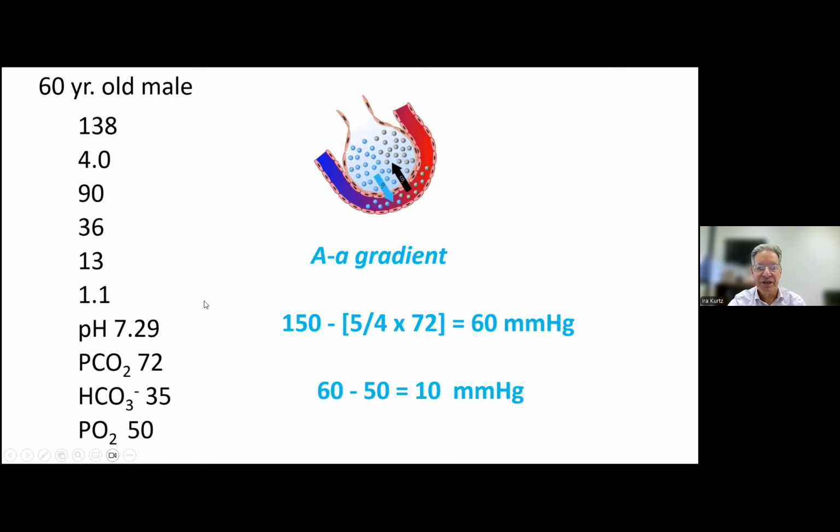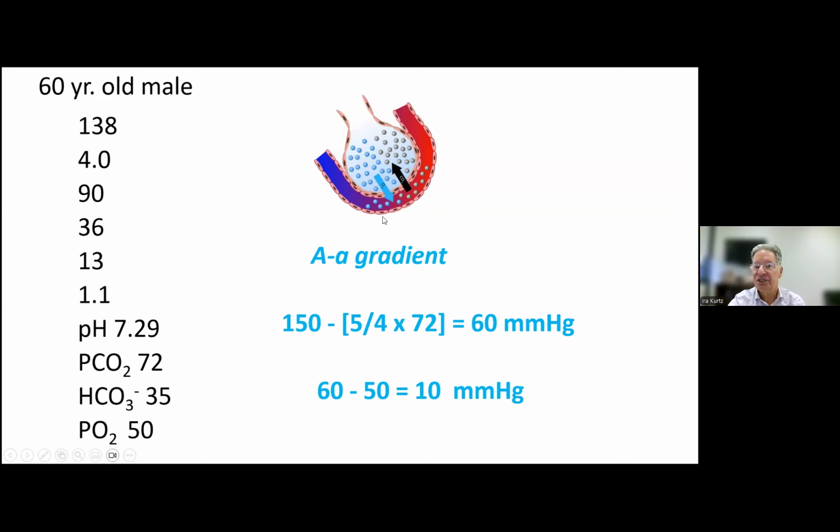The other thing you have to think of when you have a patient with chronic respiratory acidosis is what's the PO2 in the alveoli? Because remember, there's a way of calculating what the PO2 is in the alveoli and comparing that to blood to calculate the so-called AA gradient. It helps us distinguish the cause of the elevated PCO2. So on room air, it's 150 minus 5/4 of whatever the PCO2 is.